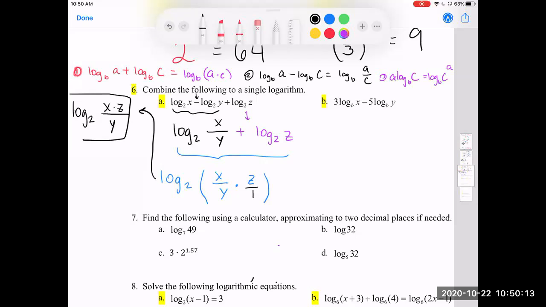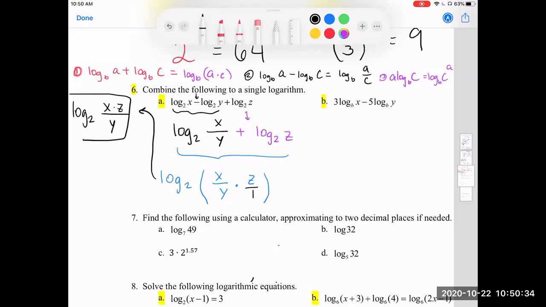Okay, let's go on to b. We have 3 log b of x minus 5 log b of y. My goal is to write it with one log. Those 3's and those 5's are kind of in the way. Is there a way where I can get rid of them or change the position?